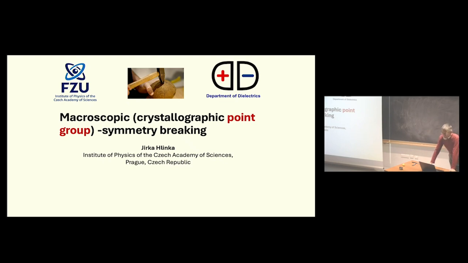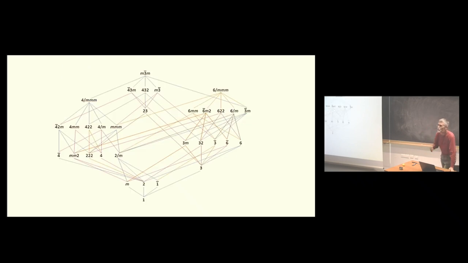So there is this macroscopic, which means here basically point group, breaking of point group symmetry, and most of the talk will be about crystallographic point groups. There are 32, and Mael has introduced them very well.